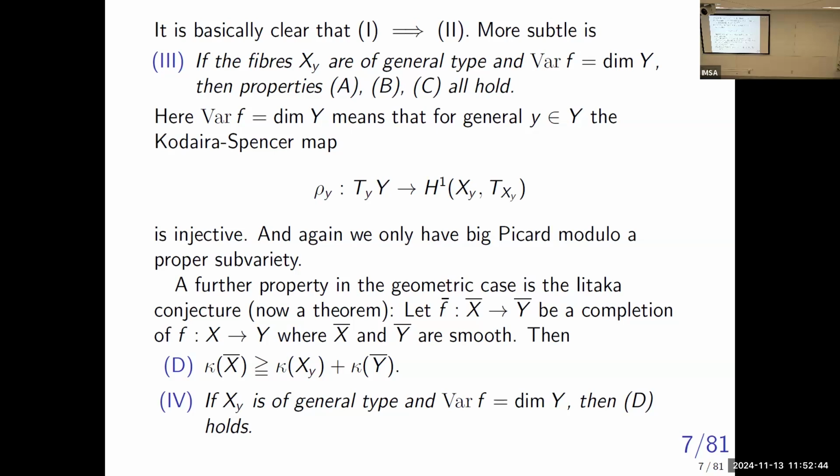Okay, this is usually saying that the variation of F is the dimension of Y, where F: X to Y is the map in question. And that's the basic assumption, that the variation of F should be the dimension of Y, and that the fiber should be of general type or log general type. That's the log version.